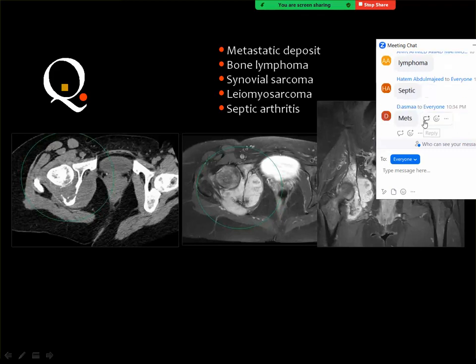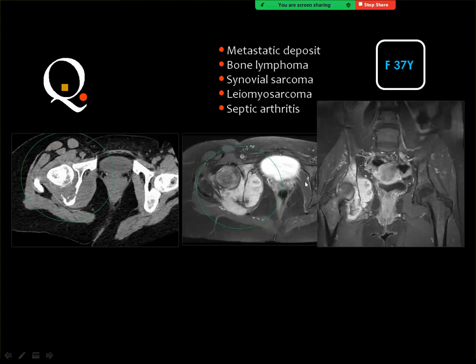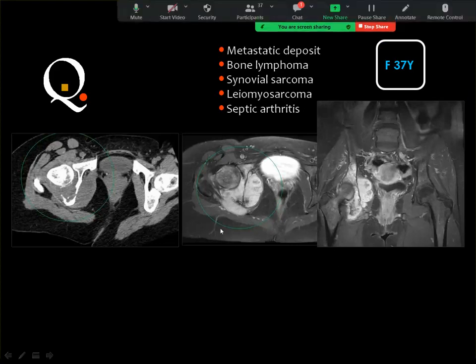Mets, another suggestion. Okay, all I intend from presenting this case is to teach you how to handle the differential diagnosis of a mass. Actually, you may not be able to reach the definitive histologic diagnosis of some of the lesions, like this one.